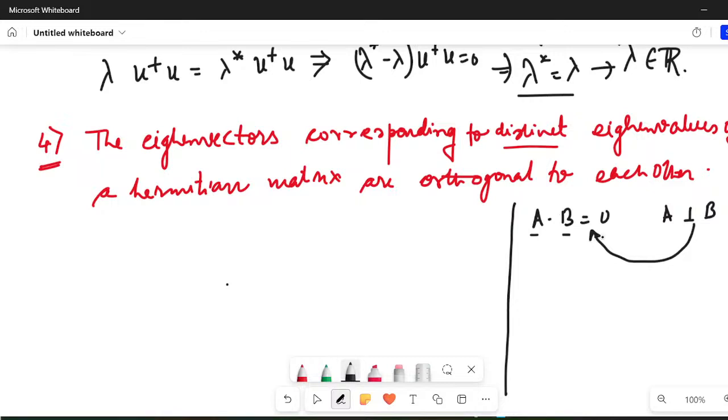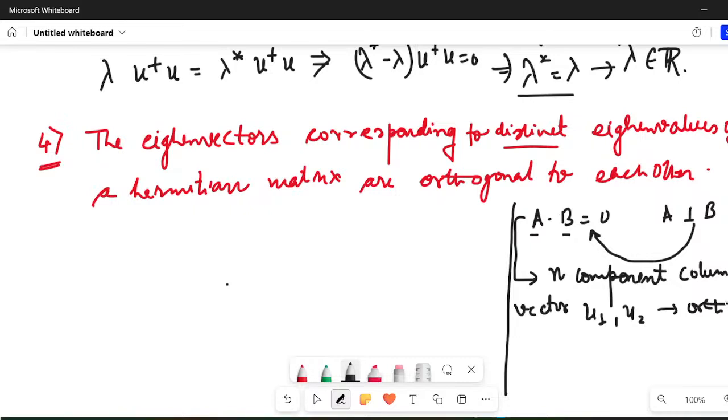However, when it comes to saying it in the context of column vectors, let's say I take a column vector of n components, and let us say they are u1 and u2, and they are orthogonal to each other.